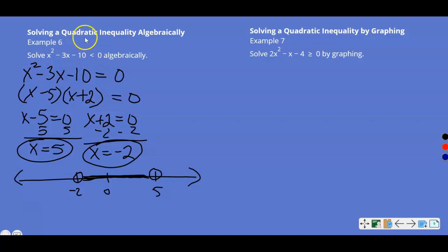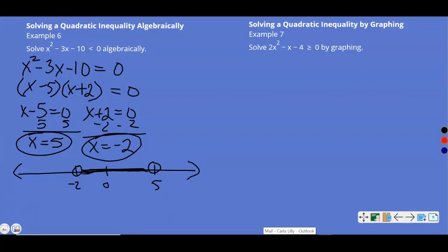So that's how you would do a quadratic inequality algebraically. First, use it like it's an equation, solve it exactly the same way, and then test your region on the number line for your critical values, which come from the zeros of your quadratic inequality.